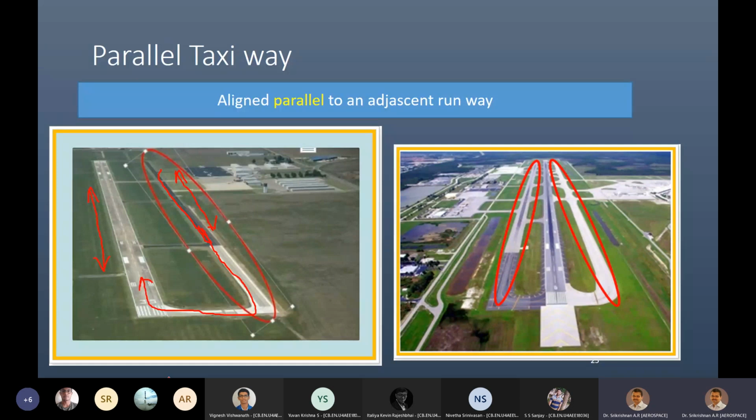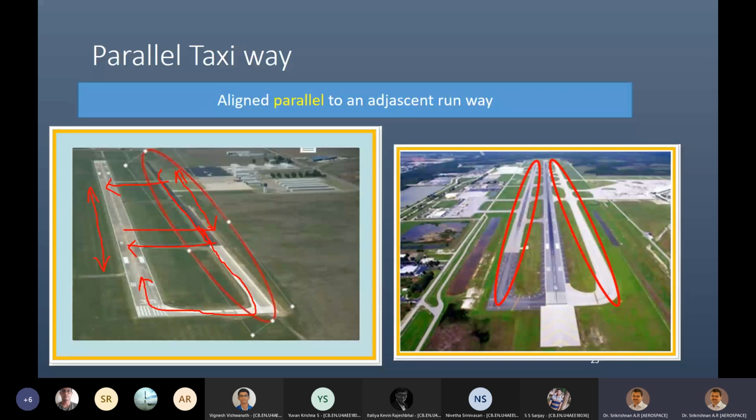Now, as you can see here, the parallel taxiway is also connected by normal or entrance kind of taxiway. So you have the choice of taking this also. So what we refer to as the parallel taxiways are the ones which are primarily parallel to the runways.